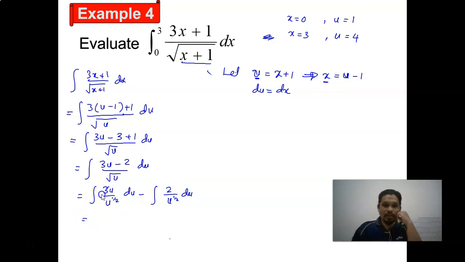So take the 3 and 2 outside because they are just constants. So you come up with 3 integral of u minus u to the power of half. So u to the power of 1, divided by u to the power of half.